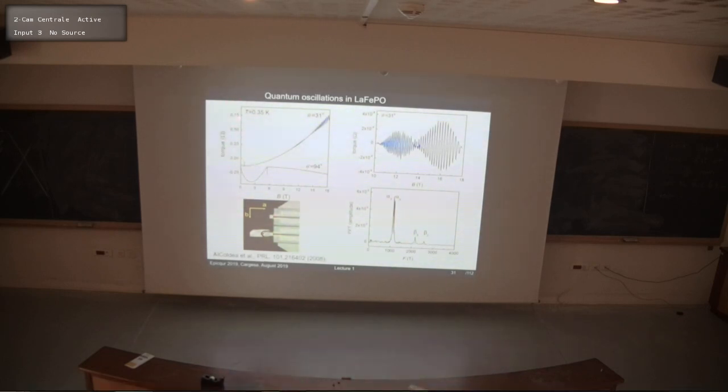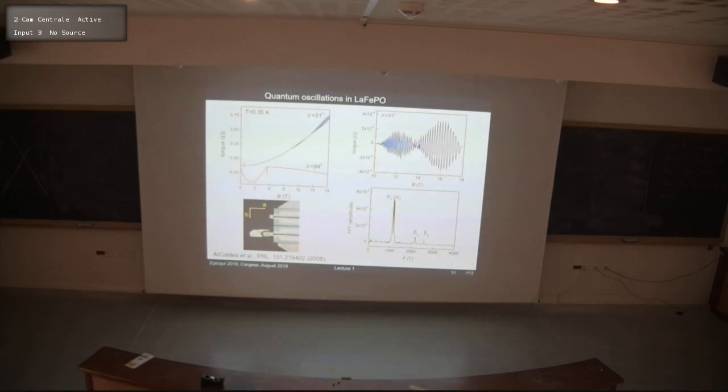What you see here is that for different orientations, the response is different. So this is torque for a paramagnetic system, which should have a B squared dependence, and on top of it, you have the quantum oscillations. Now, if you rotate, this is close to B parallel with the ab plane. You see the features coming from superconductivity, and there are no more oscillations in this orientation.